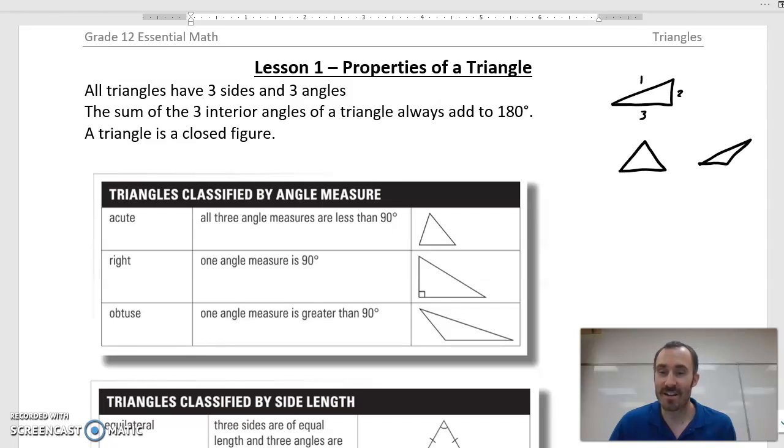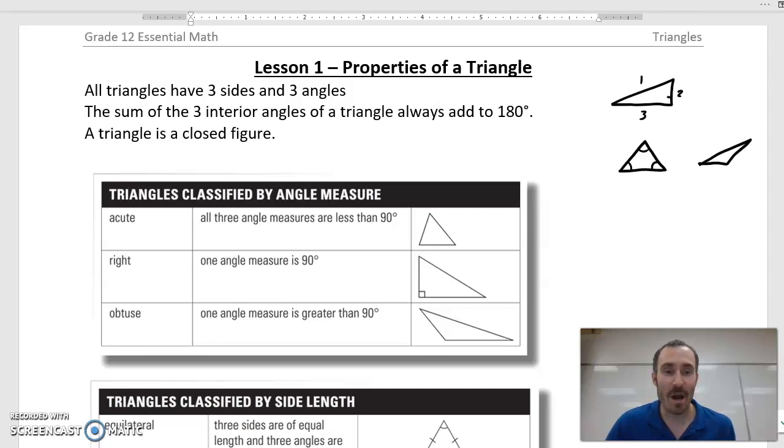See? Now, a couple other things that maybe aren't as Sesame Street about it. The sum of the three interior angles is always going to be 180 degrees. Now maybe you remember that from the past, but that means that this angle plus this angle plus this angle, they're going to add up to 180 degrees in every single triangle, no matter what kind of shape it is.